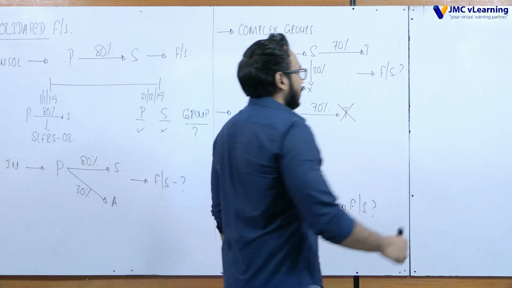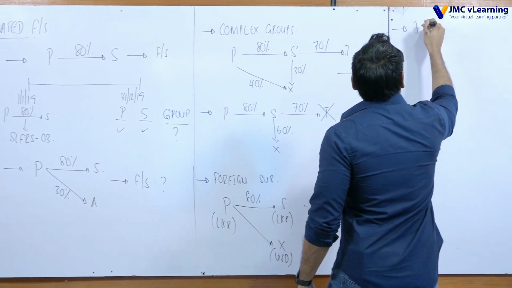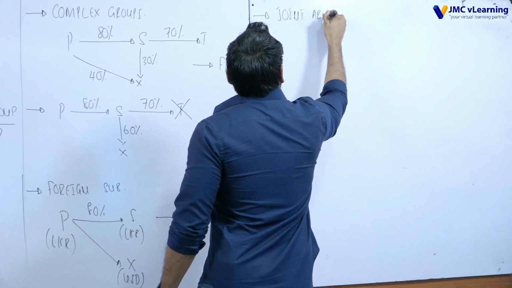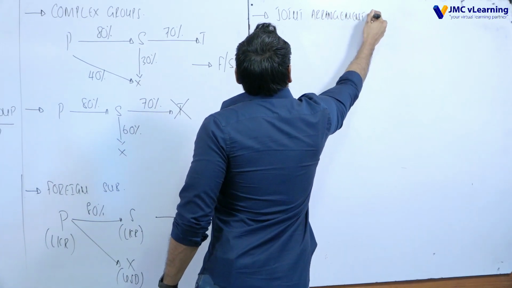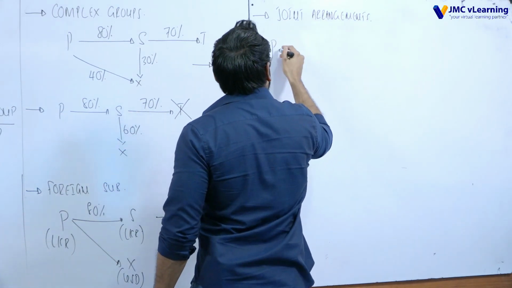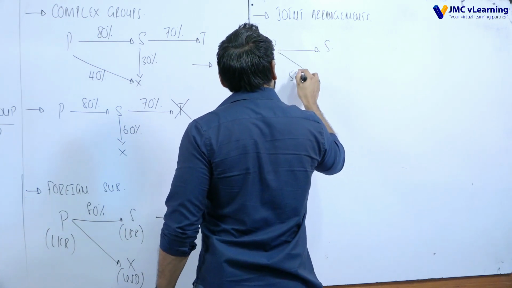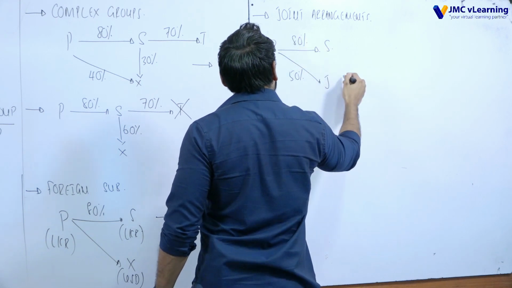And finally, the last discussion we will have would be on joint arrangements. That's when an investor has joint control over another organization.